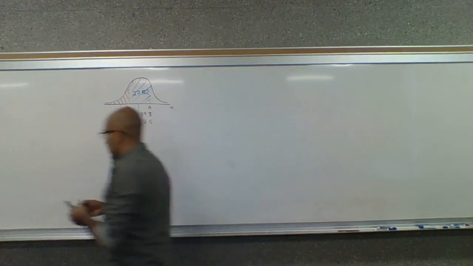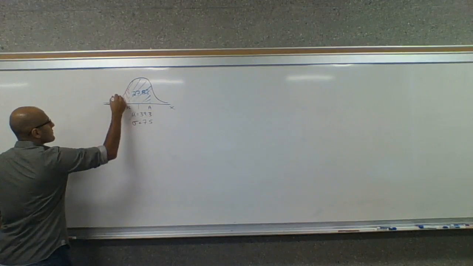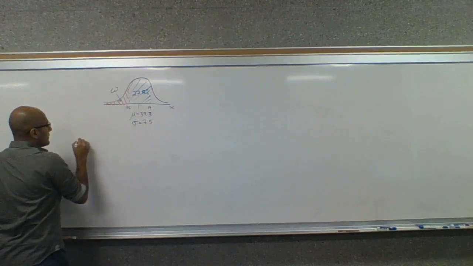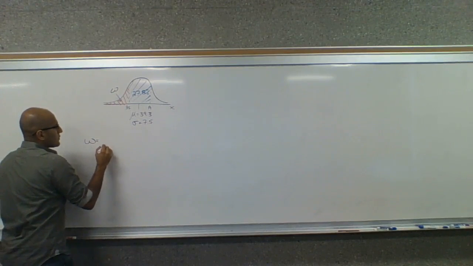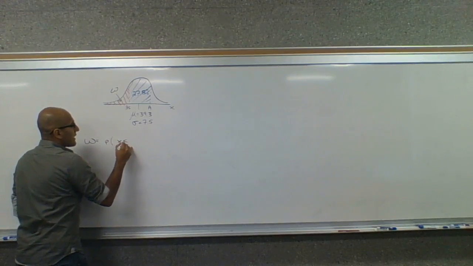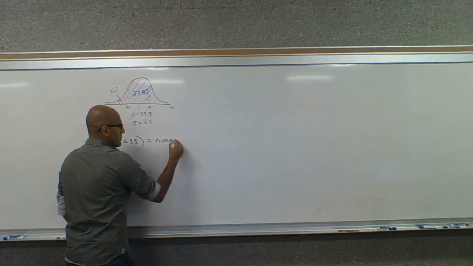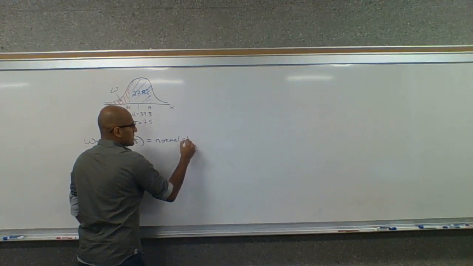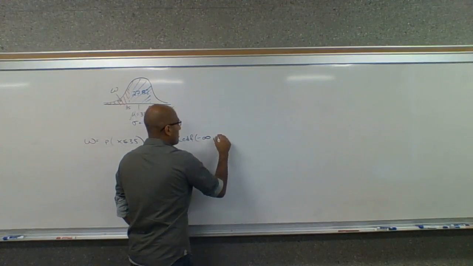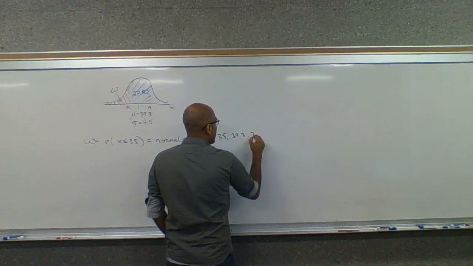Right? So the red area, let's call that area W. So W is equal to the probability that X is less than or equal to 35, which is going to be equal to normal CDF negative infinity up through 35 with a mean of 39.3 and a standard deviation of 7.5.